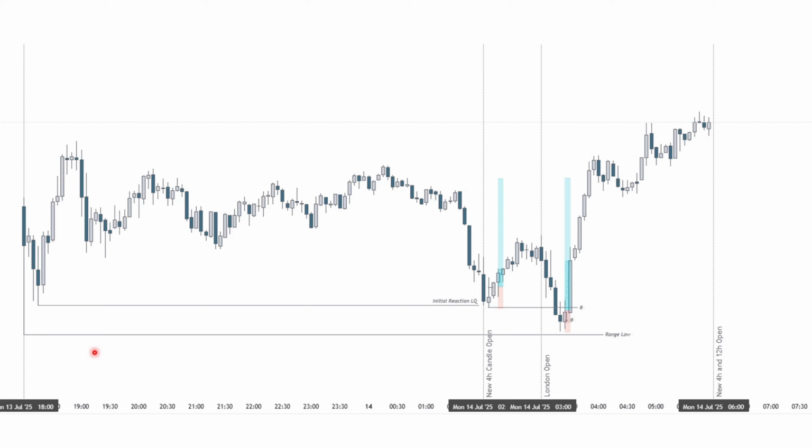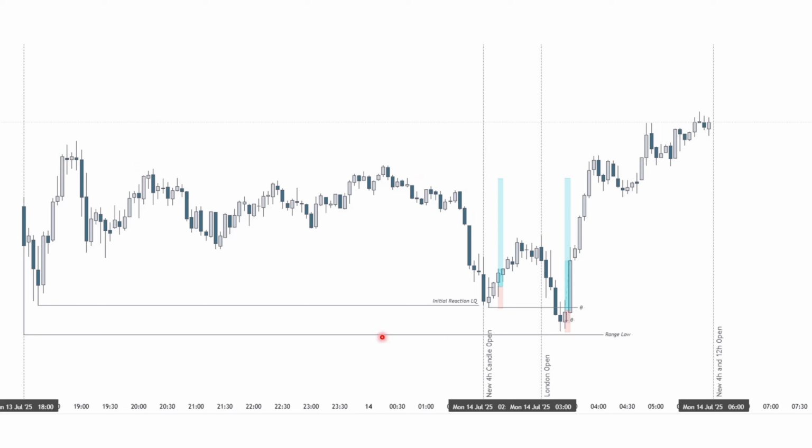A common thing that happens is sometimes we come back down to what I call the initial reaction. So you can see we had this big drop to form a low. We've come up, we've reacted to something and come back down and formed another low, retesting this extreme. Then we've carried on up.